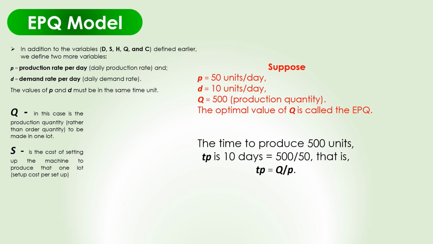And we get the 10 days through dividing the production quantity over the production rate per day, or the P. So TP is equal to Q over P, which is equal to 10 days.